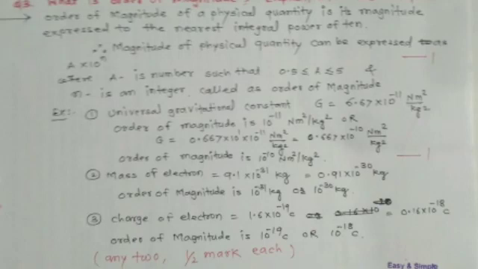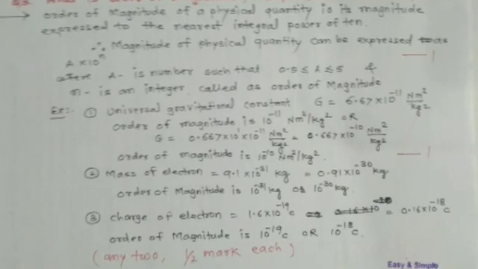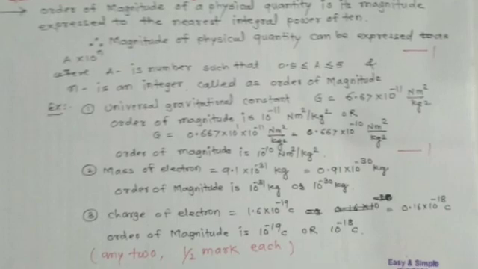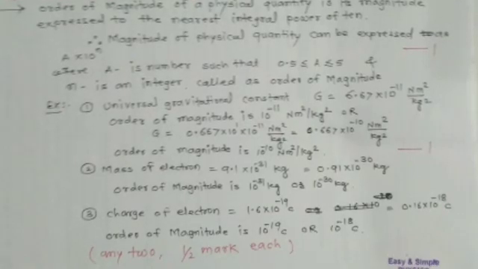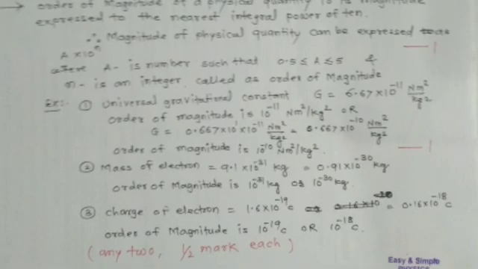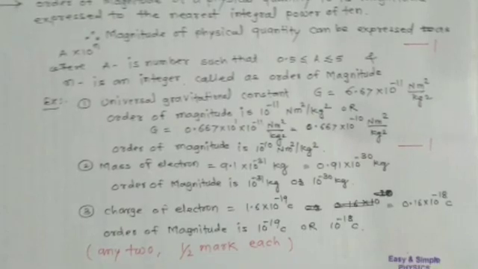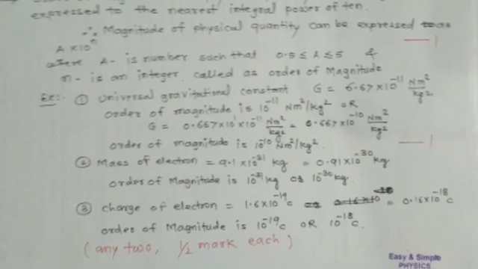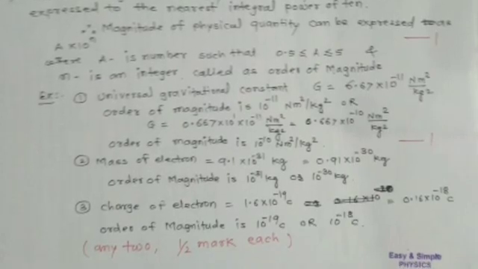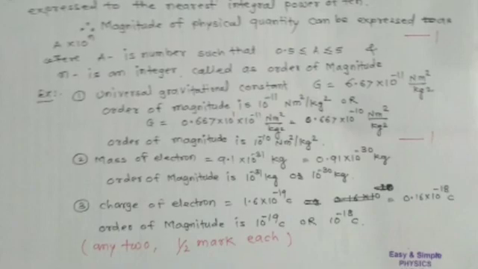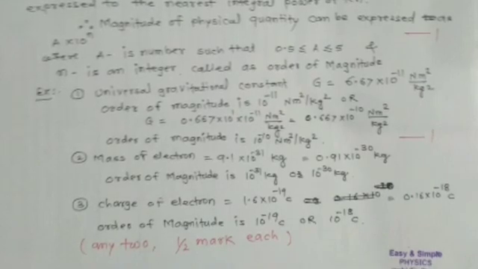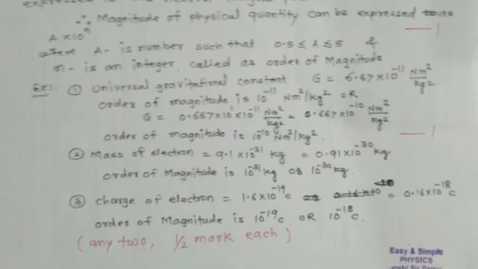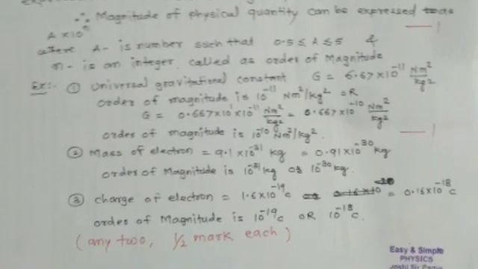Mass of electron is 9.1 × 10^-31 kg, so the order of magnitude is 10^-31 kg. Charge of electron is 1.6 × 10^-19 coulomb, so the order of magnitude is 10^-19 coulomb. Here examples carry 1 mark and the definition carries 1 mark.